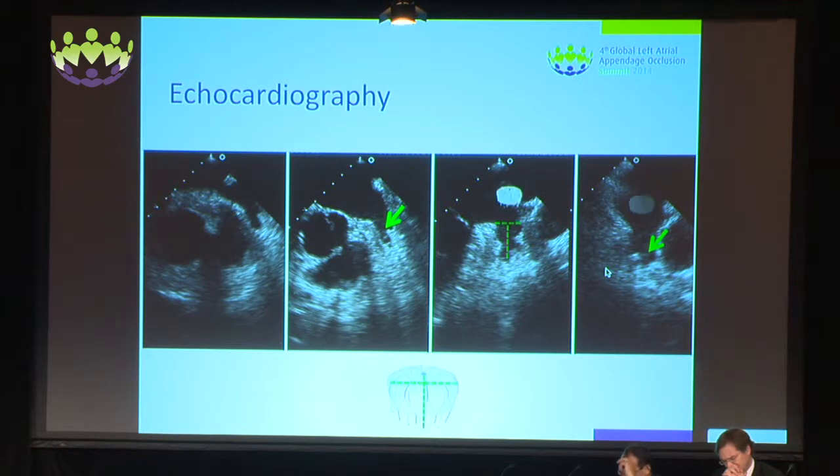For those of you not familiar with the Watchman device, let me explain that we need at least the same length as the diameter of the device. So if we are planning to use a 24, we need at least 24 millimeters of depth.